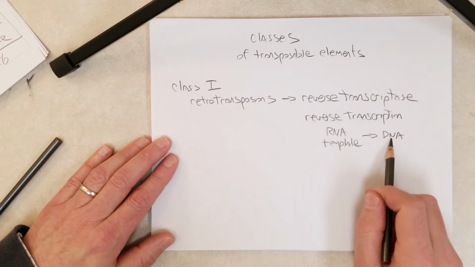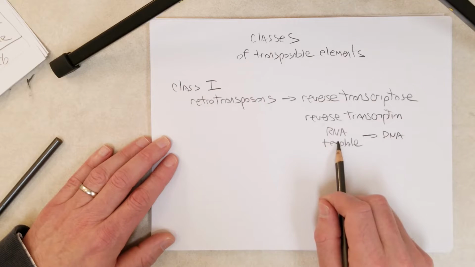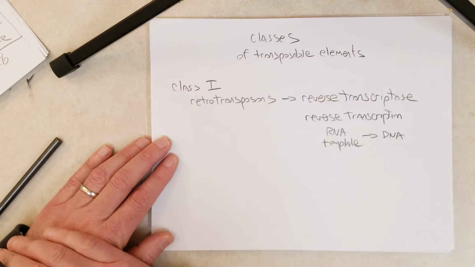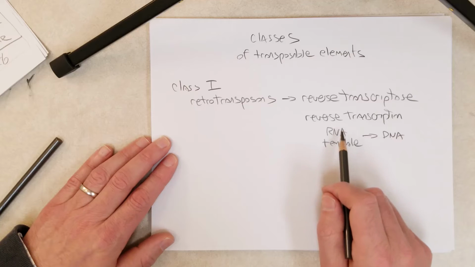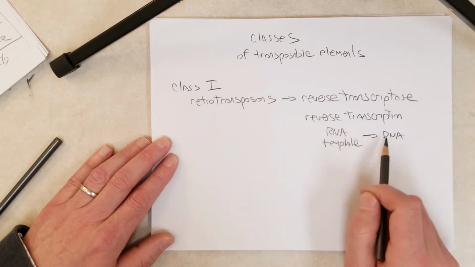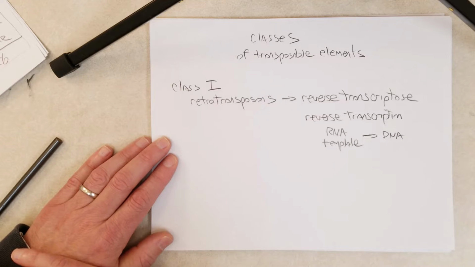Transcription is using DNA as a template to make RNA. Reverse transcription is using an RNA template to make DNA. And with telomerase, the RNA component of telomerase was the template to synthesize DNA to lengthen the telomeres.